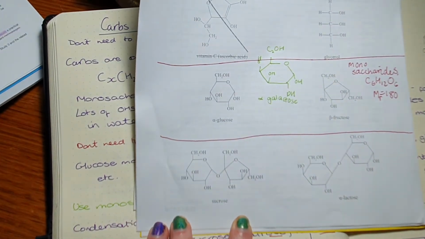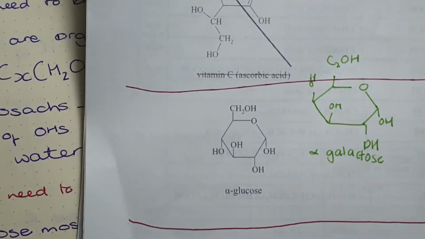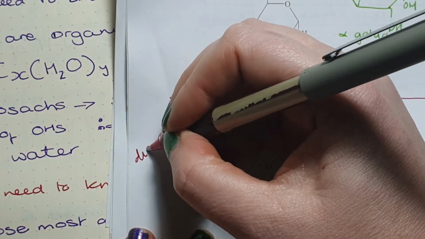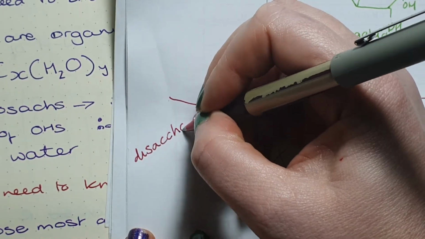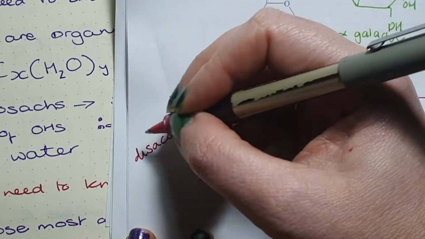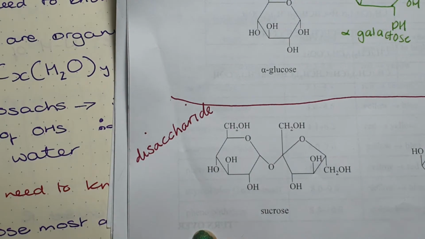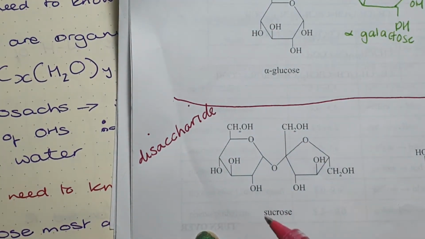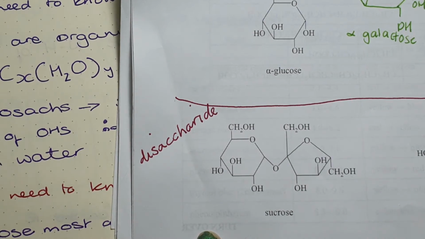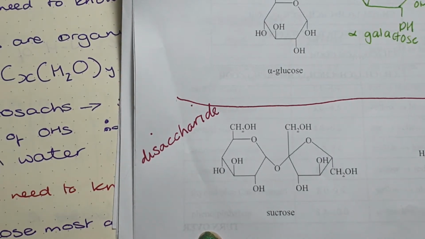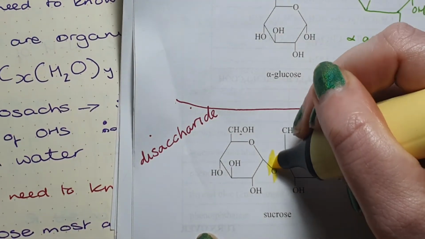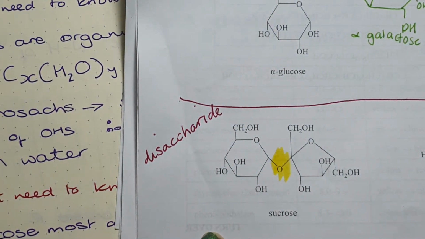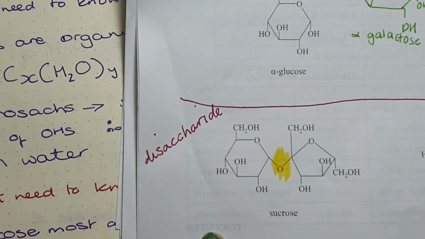So looking here, this is my disaccharides, because there's two monosaccharides stuck together. So we have a little group here called a glycosidic link.